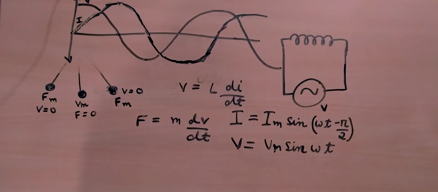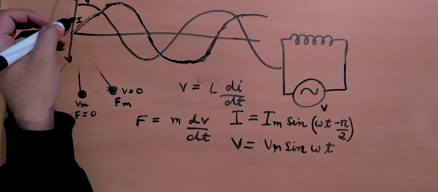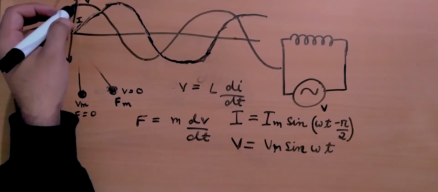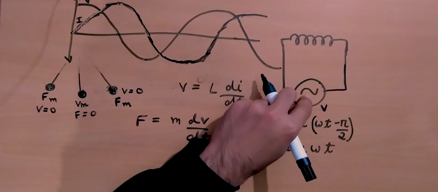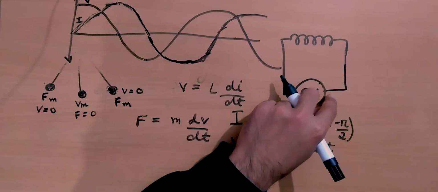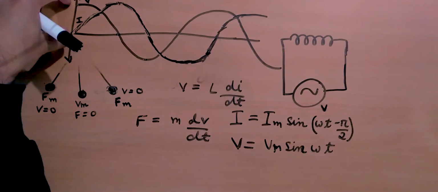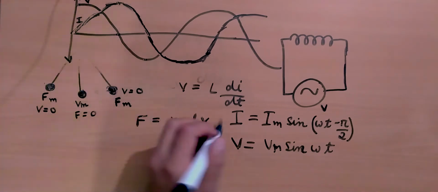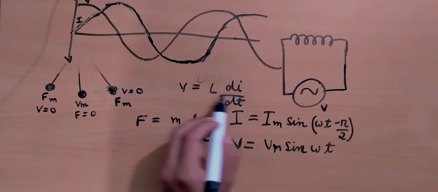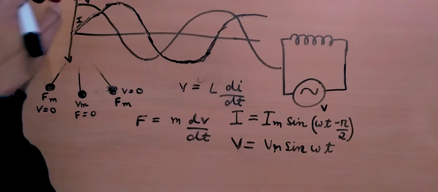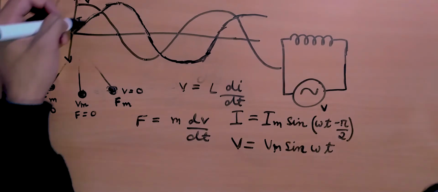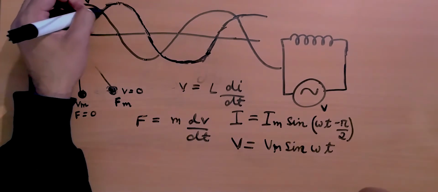And what is actually going on here is that initially when you have a very high source voltage, the current begins to increase quickly, and we know from this equation that voltage is the rate of change of current. So a high voltage means a very high rate of change of current, so current increases rapidly in this section here.